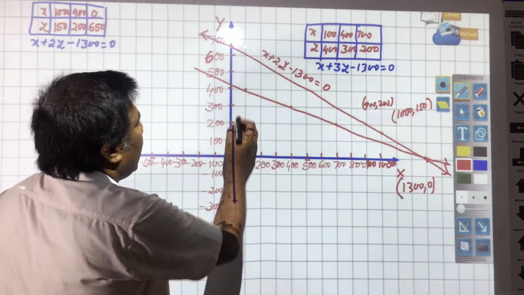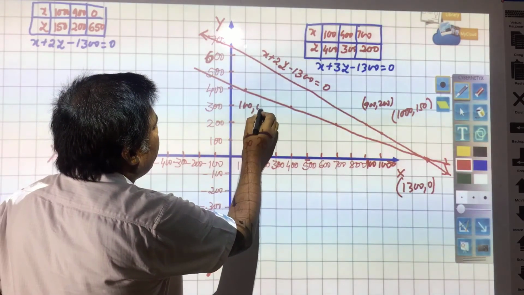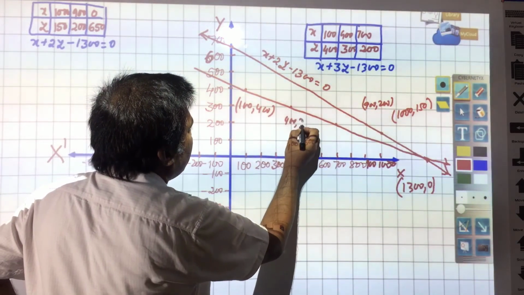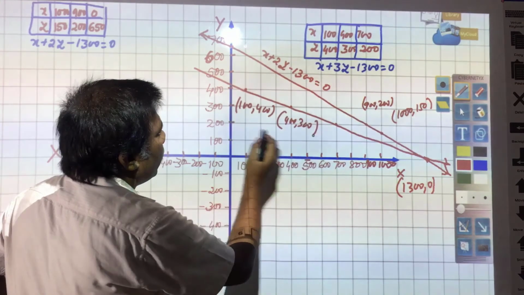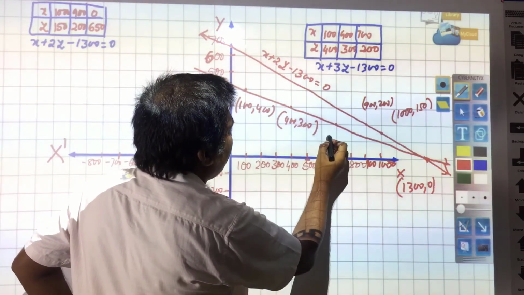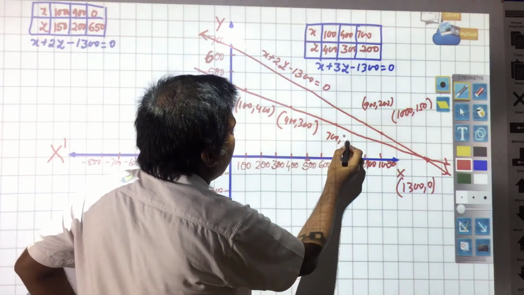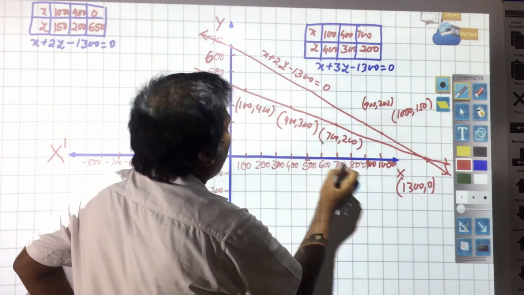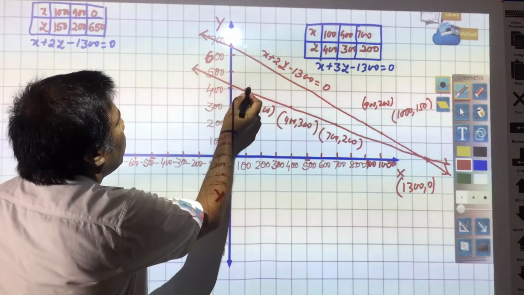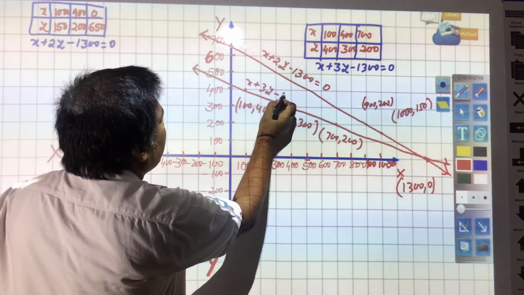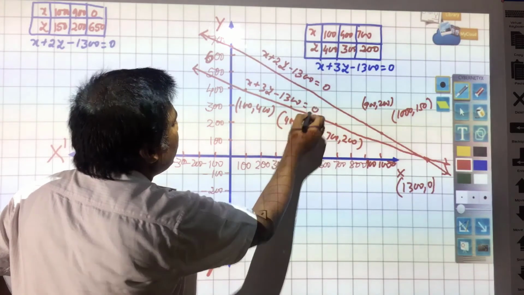Your coordinates are 100 and 400, here you have 400 and 300, and here you have 700 and 200, and this is your line for x plus 3y minus 1300 is equal to 0.